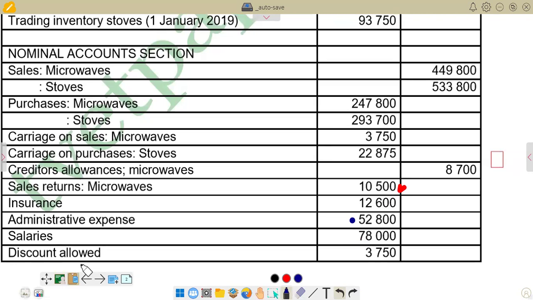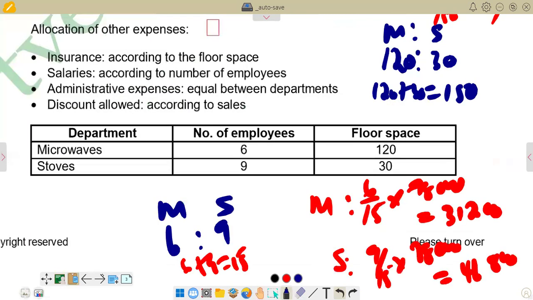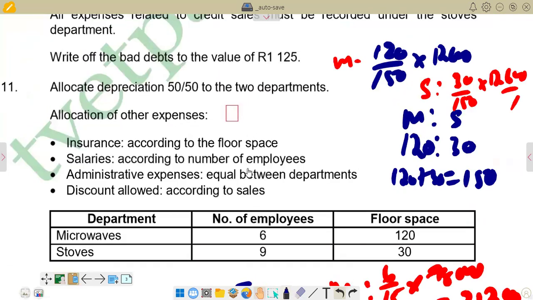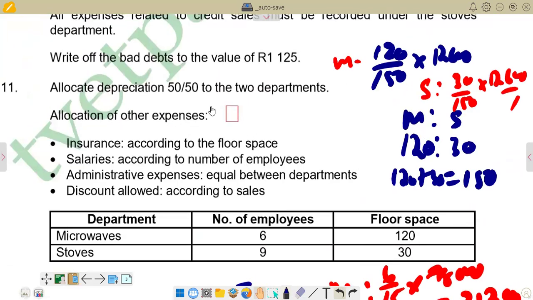But obviously, we also have some expenses that we need to check. You can go there to the allocation section. We are told to allocate depreciation 50 to 50 between the two departments, so it means it's half.